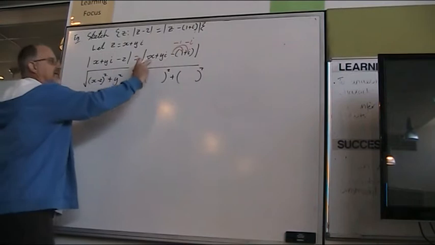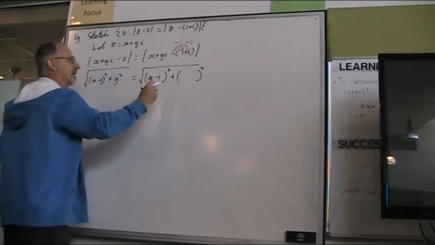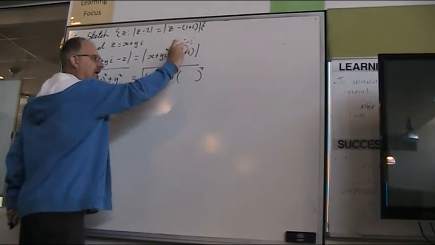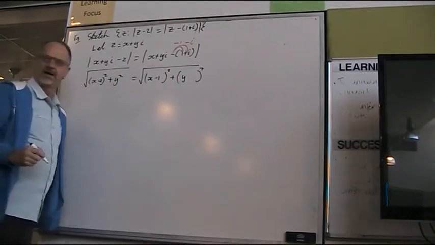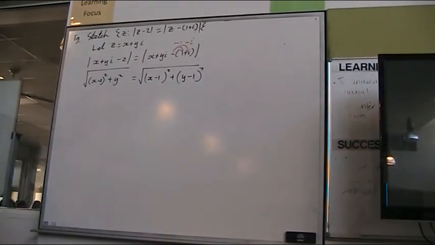So the real part is the x and the minus 1. The imaginary is the y and negative 1. The i tells us it's the imaginary part. How many? Negative 1 of them.